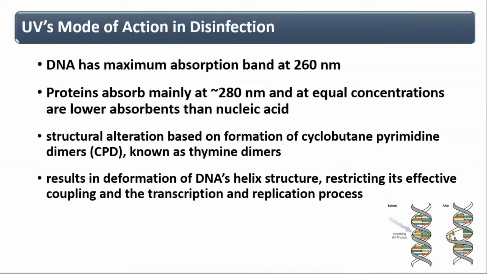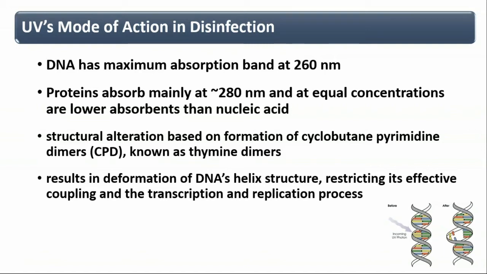So DNA in general has its maximum absorption band at around 260 nanometers, which is quite good because most mercury-based UV lamps have their maximum output or peak at around 254 nanometers, which makes the action on DNA very good. Proteins also absorb at around 280 nanometers, but at equal concentrations, they have much lower absorbance than the nucleic acids.